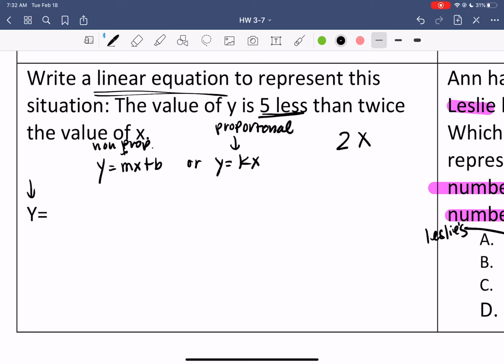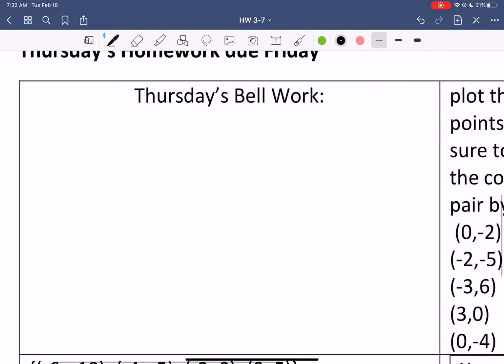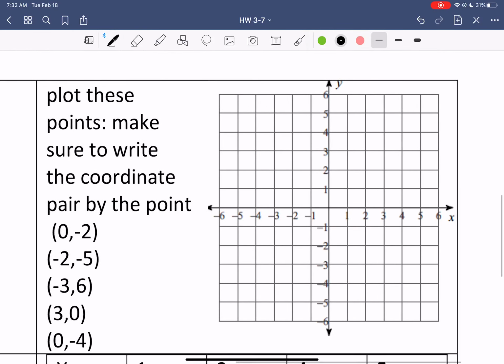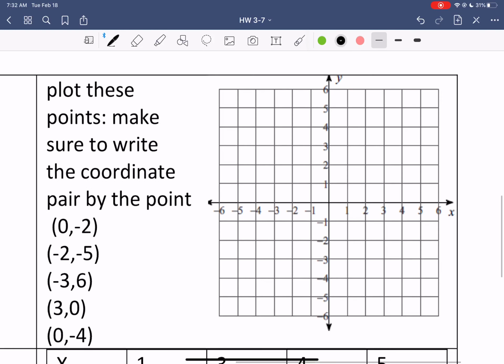And then substituting those into your equation. All right, this says plot these points. Make sure to write the coordinate pair by the point. So (0, -2), we'll start at the origin, because this is my x and this is my y.